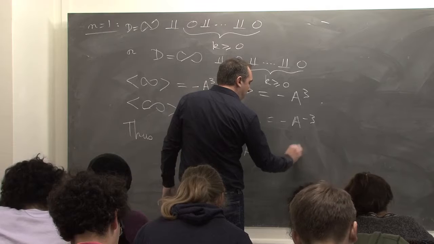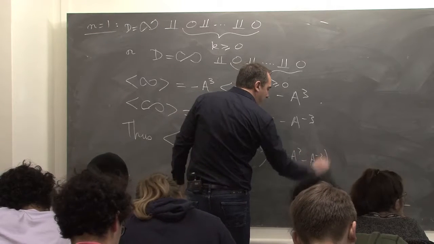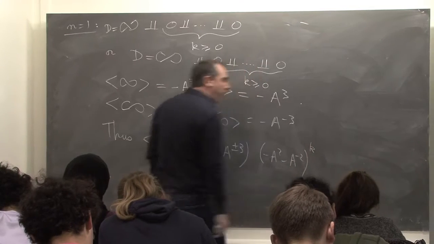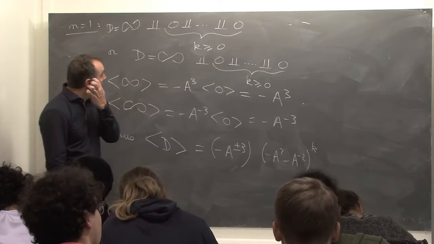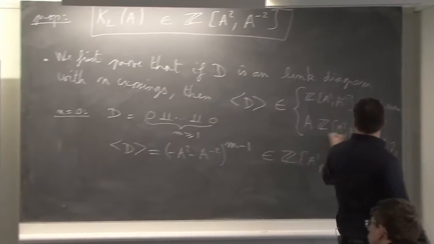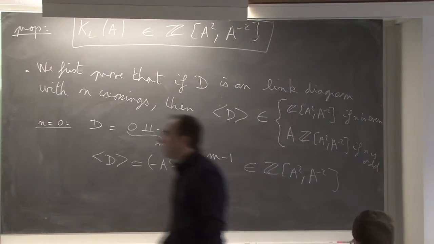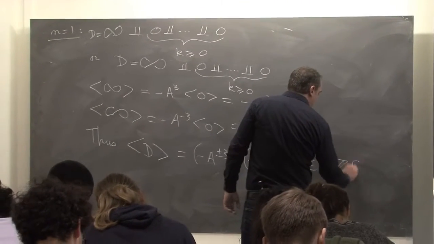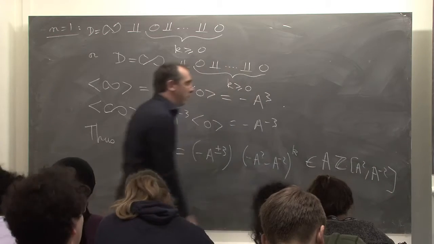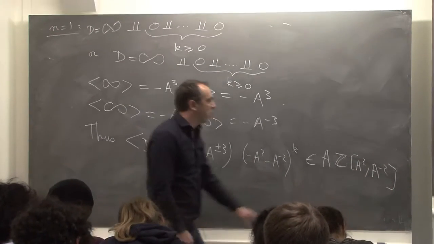So minus A square minus A to the minus 2, to the k. And it is indeed, so n is odd, it is indeed in this set. It is A times a Laurent polynomial in A square.